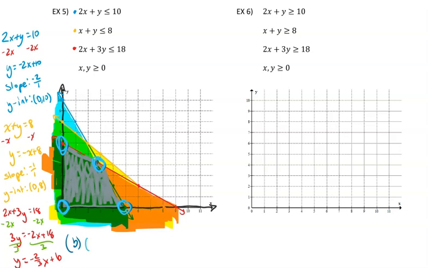So those points are (0, 0), (0, 6), (3, 4), and (5, 0).